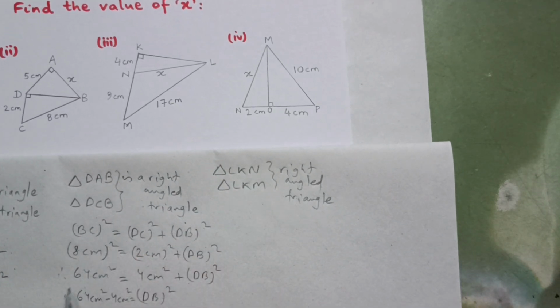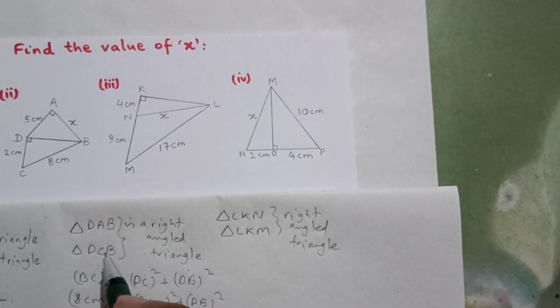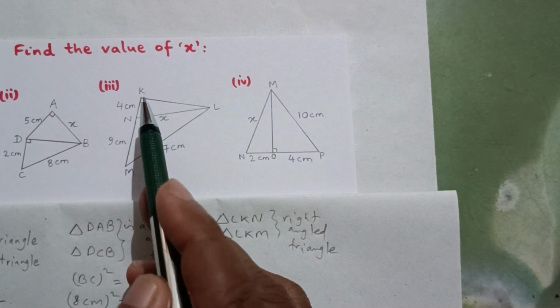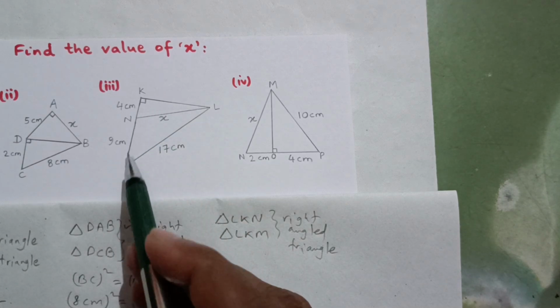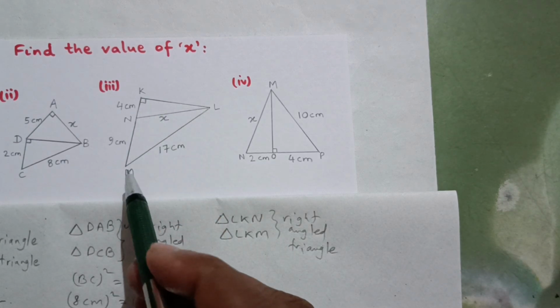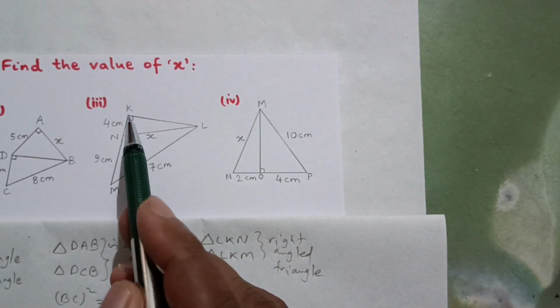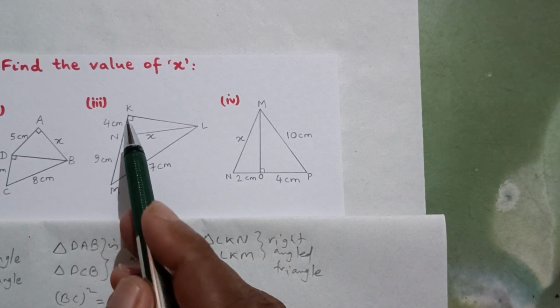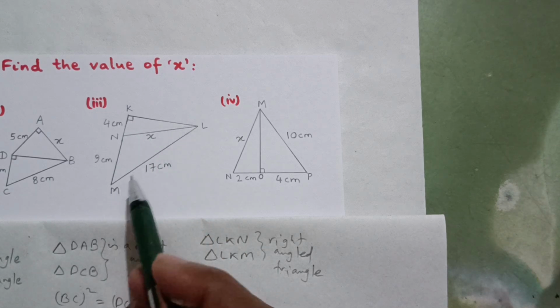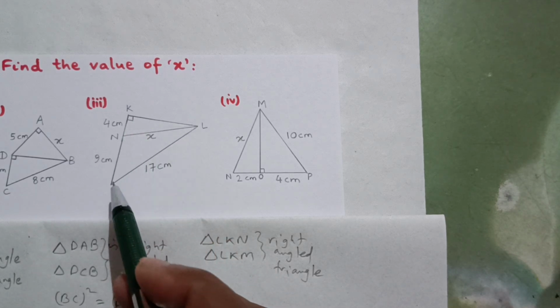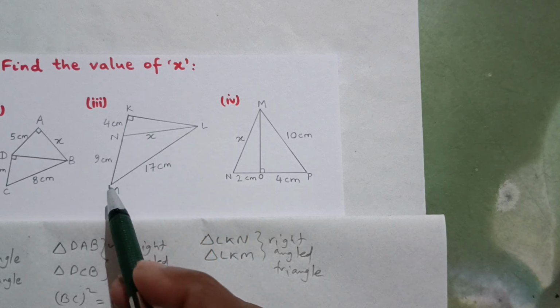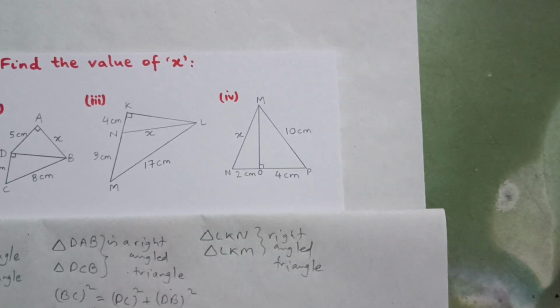So first let us take the big triangle, triangle LKM. This is a right angle triangle, so let's apply Pythagoras theorem to it. In this triangle LKM, the hypotenuse is LM.